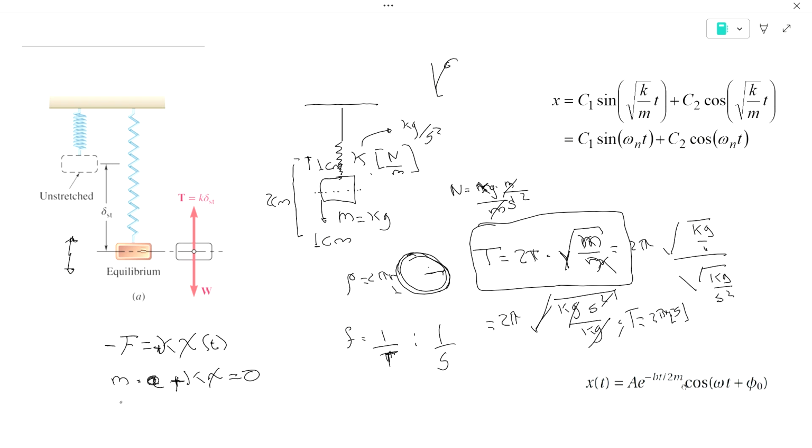So we already know that we have a mass times the second derivative of x as a function of time. That was the first lecture of the year.